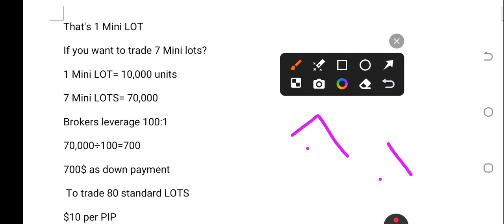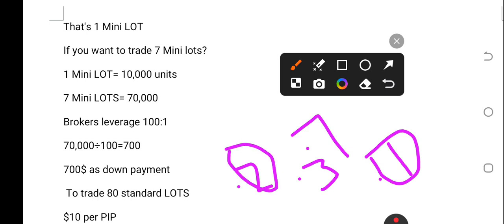So if you want to open 2 mini lots, it's going to be 0.2. 3 mini lots is going to be 0.3. If 1 mini lot is giving you $1, 2 mini lots will be giving you $2. 3 mini lots will be giving you $3. If you want to open a position of 7 mini lots, you'll be earning $7 for every 1 pip that the market moves.